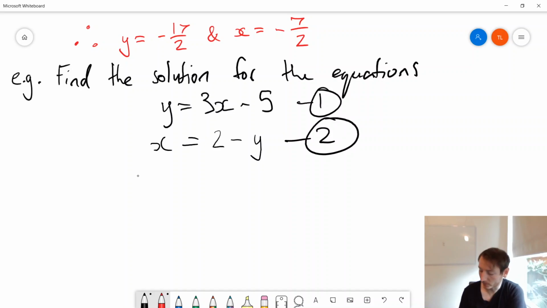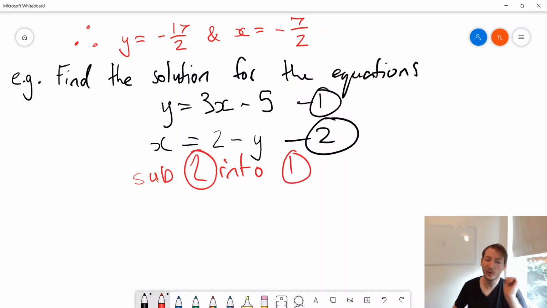Let's sub 2 into 1. And you can see how I'm putting them in the circles because I'm not subbing the number 2 in, I'm subbing equation 2 in. So in equation 2, x equals 2 minus y. There's an x here.